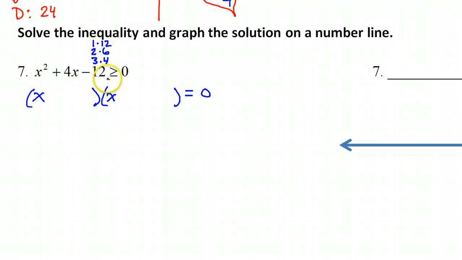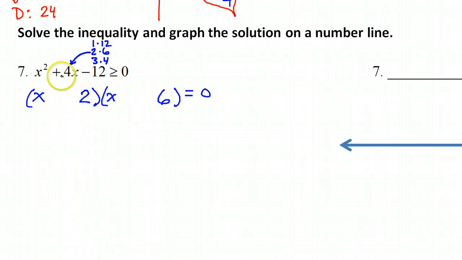I'm going to look at the 4. Because there's no number in the front, the leading coefficient is 1, I can immediately look for the pair that could give me 4. So 2 and 6.